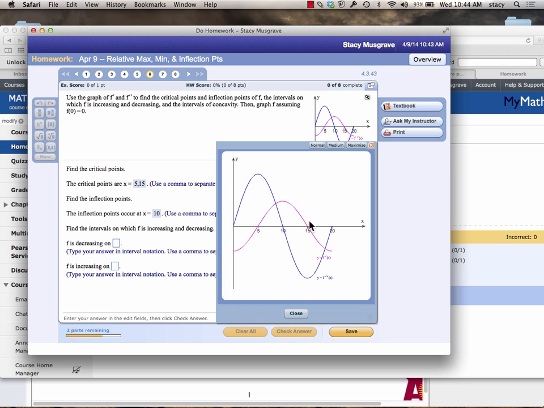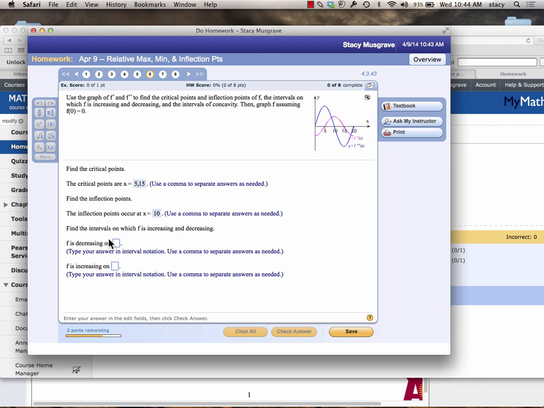We only care about the sign of the first derivative. So that was 0 to 5 and 15 to 20, and then from 5 to 15.